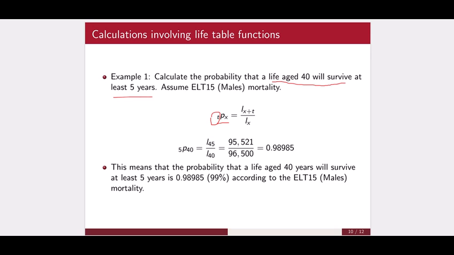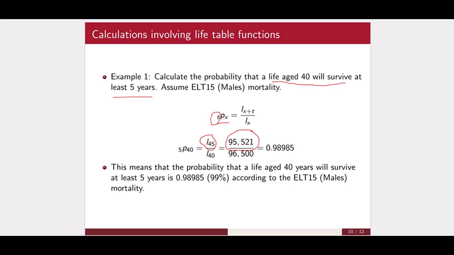So we will refer to the English life tables for the male's mortality. We will look up the L45. The English life tables give us the L functions for the different ages. So L45, referring to these life tables, gives us 95,521 lives that survive to age 45.